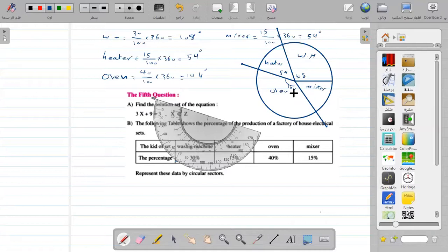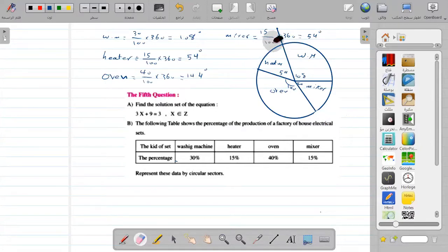We have finished it. This is 54. Okay, so you have finished drawing this. You can just use an eraser to erase this only. Yes, also this.